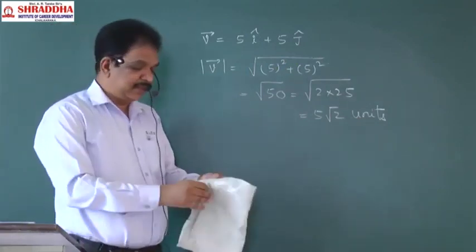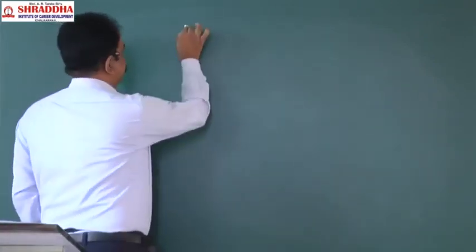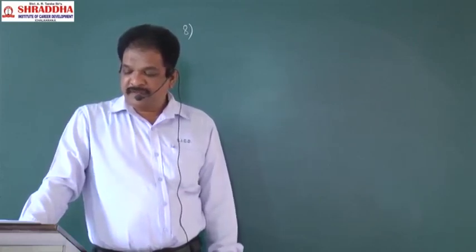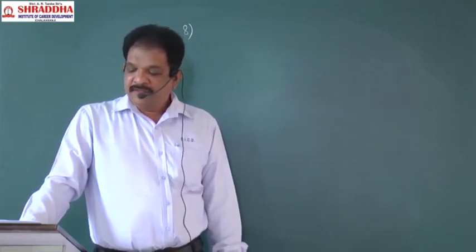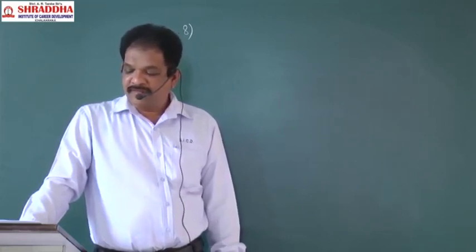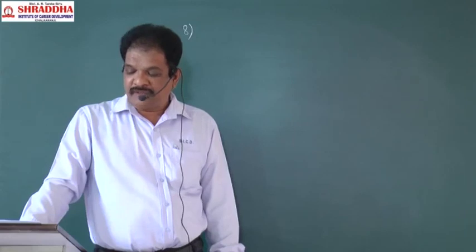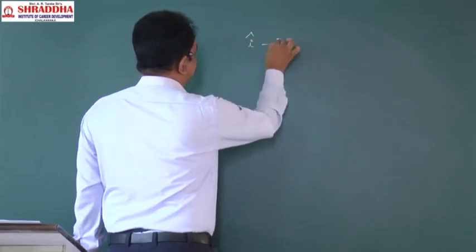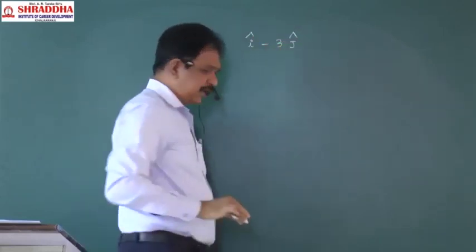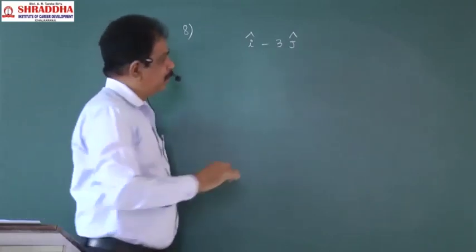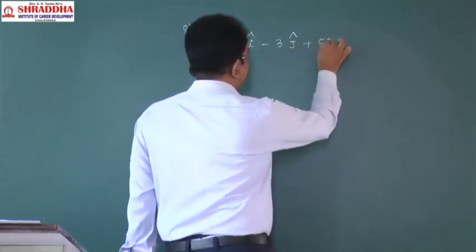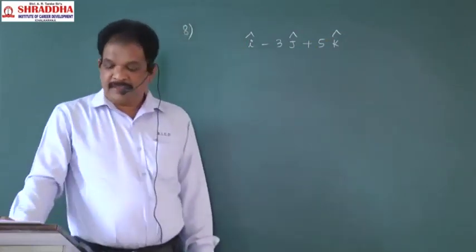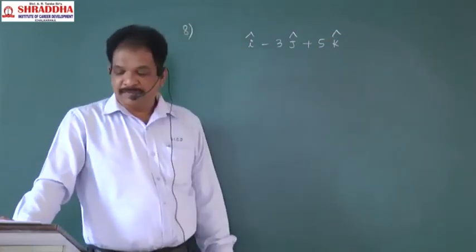Question number 8. What they are asking, see. Question number 8. Vectors are equal vectors. If two vectors are given, those are equal vectors. Find the value of A. So, i cap minus 3j cap plus 5k cap.